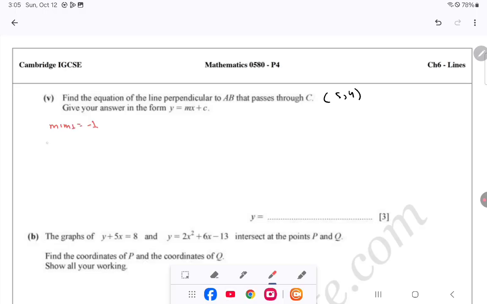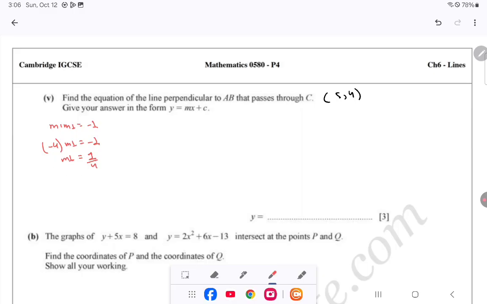M1 we calculated, which was negative of 4, so negative 4 times m is equal to negative of 1. Divide both sides by negative of 4. It becomes positive 1 over 4. This is our slope of the perpendicular line.